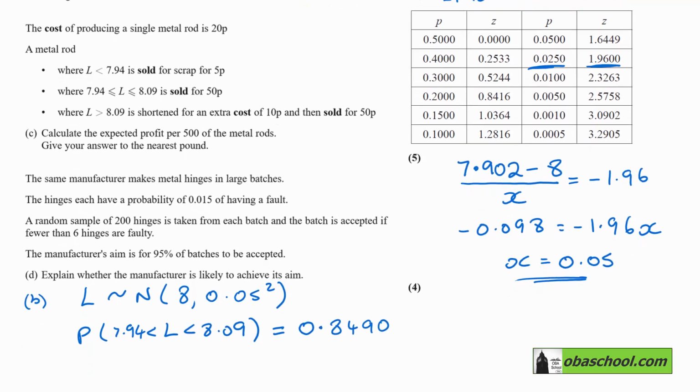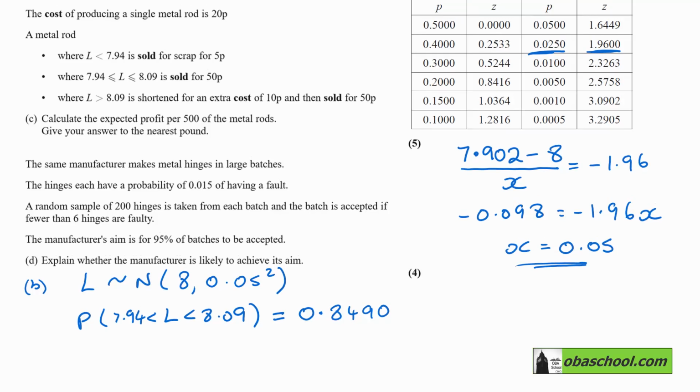So moving on. We're now told the cost of producing a single metal rod is 20p. A metal rod where L is less than 7.94 is sold for scrap for 5p.